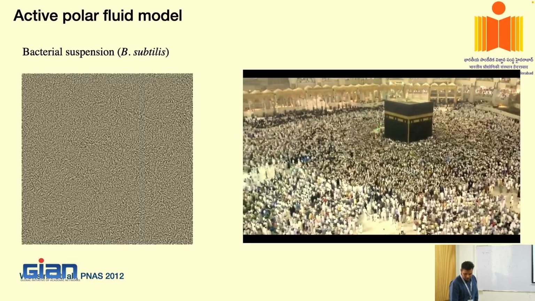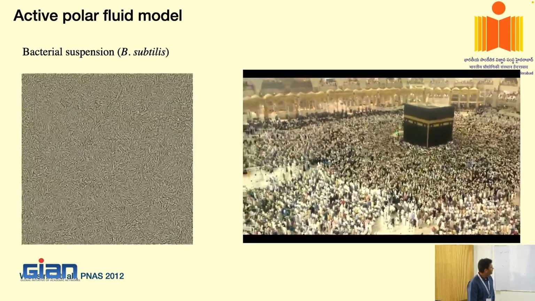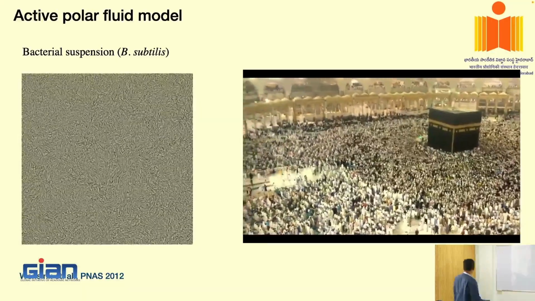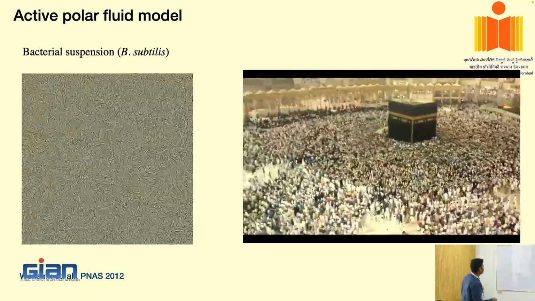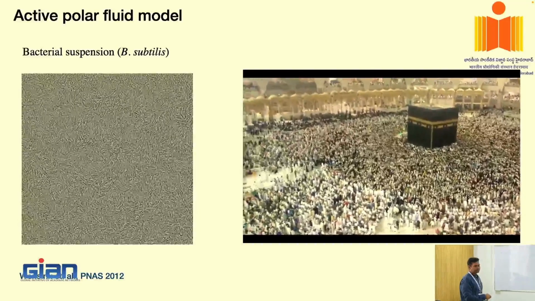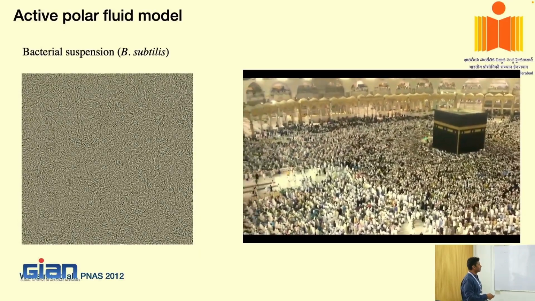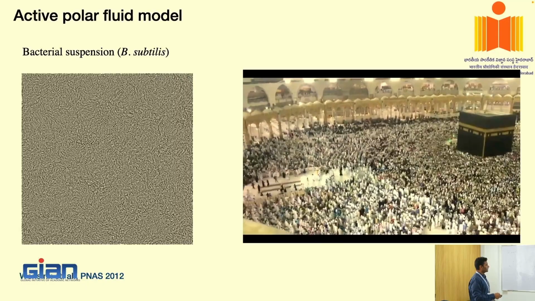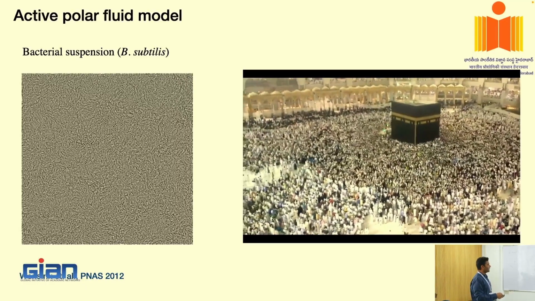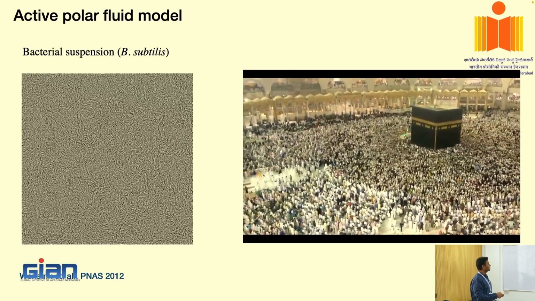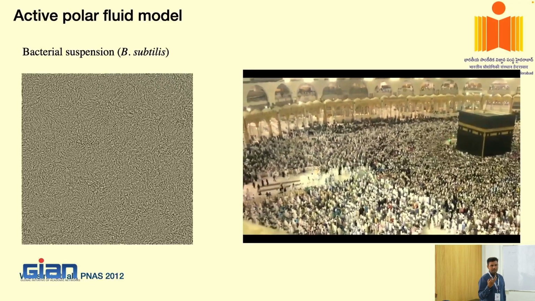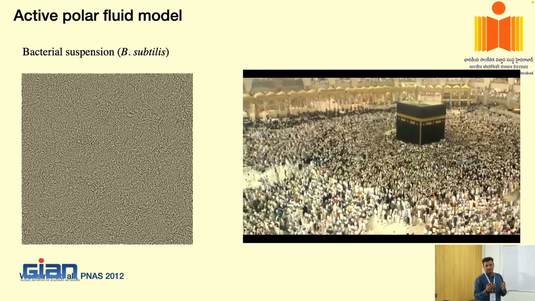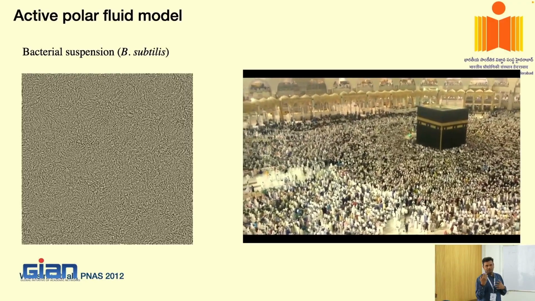Now, what I want to ask is that you look at these two images. On the left hand side, you have a bacterial suspension which is moving in a nutrient flow. And on the right hand side, this is a famous site in Mecca where you can see that people are moving in circles. This is also the reason why I wanted to show that if you think about humans, we are agents, we can move around the way we like, right?